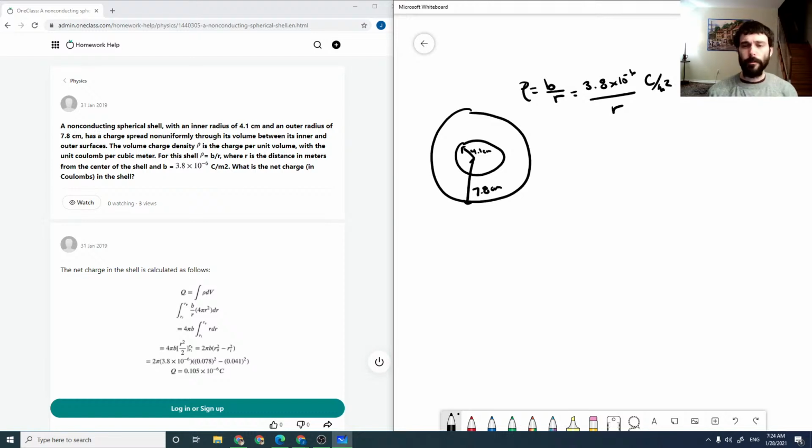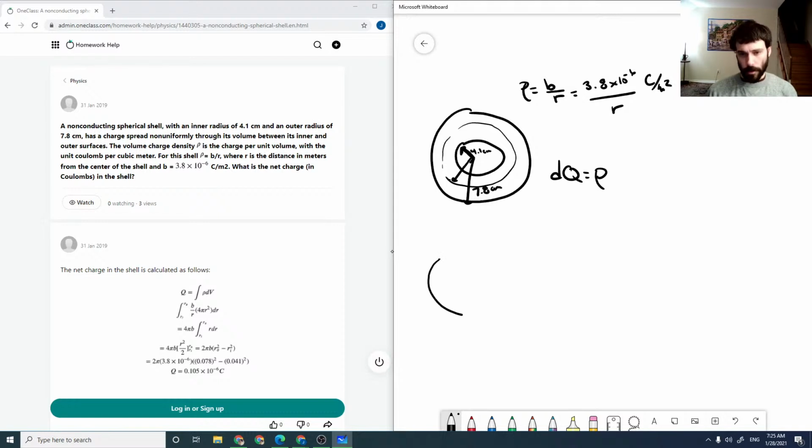So what is the net charge? If we look at some r in the shell, our increment of charge is going to be the charge density times the increment of volume.